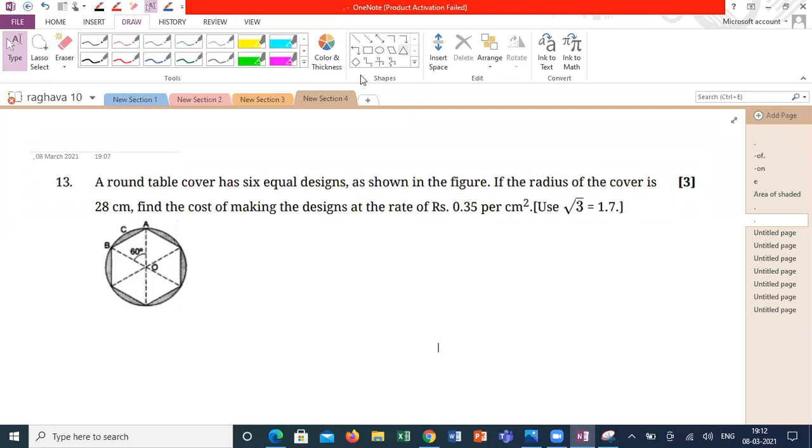Has anyone done the previous question? Anyone started this question? Anyone got the answer?